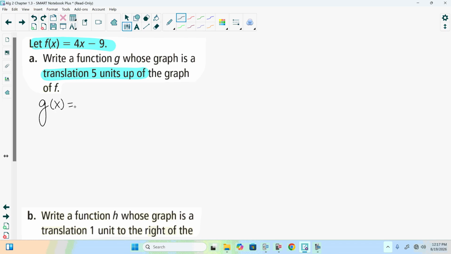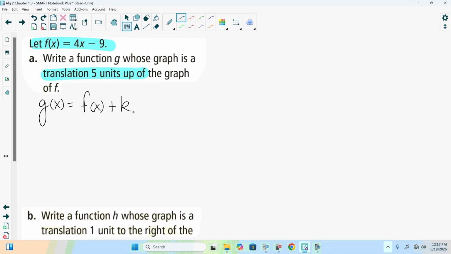More looking at the equation. General form for vertical translation is f of x plus k. That's moving it up and down.